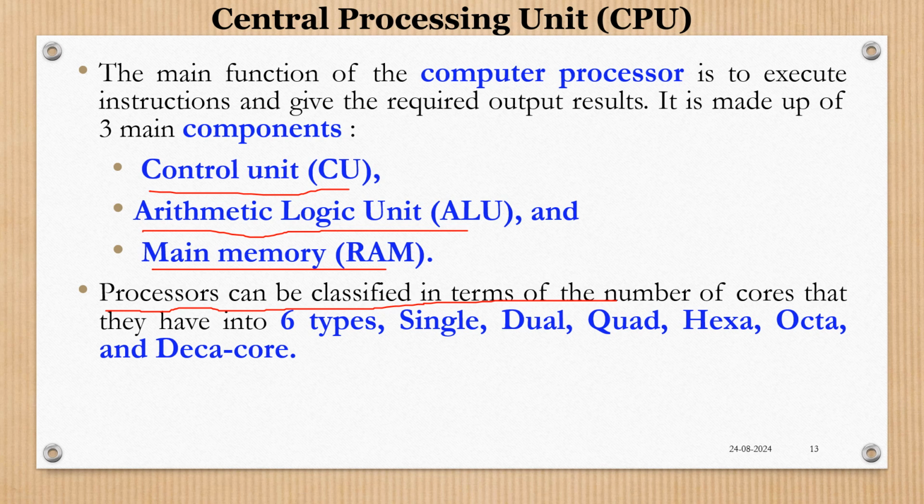If a processor has only one core, then it is called a single core processor, then dual core, quad core, hexa core, octa core and deca core. On the basis of the number of cores in a system, you call them accordingly, like single core system, dual core system, quad core system.